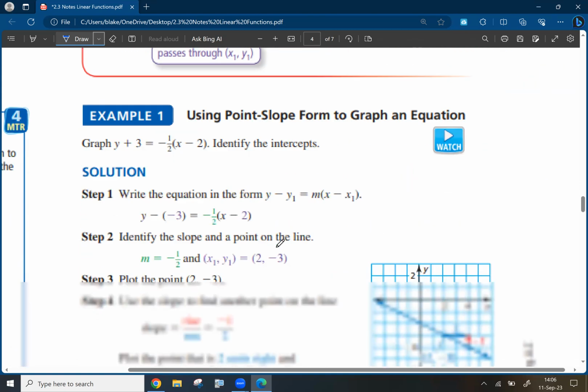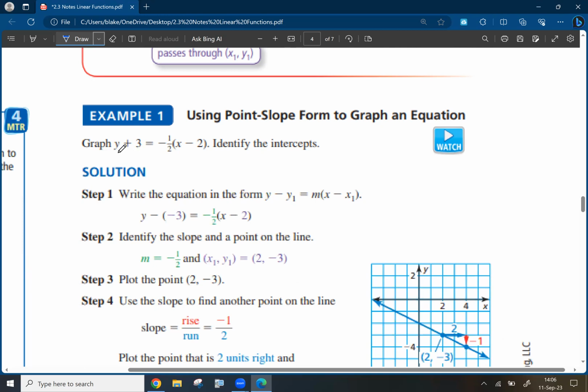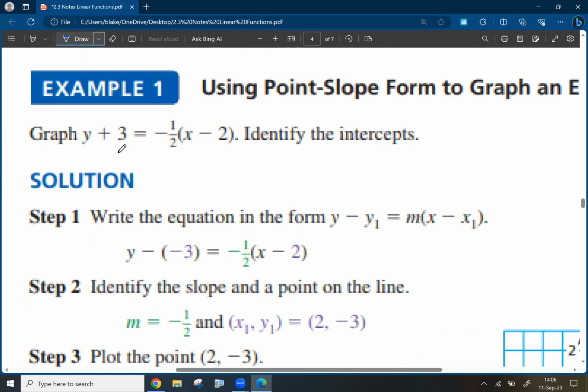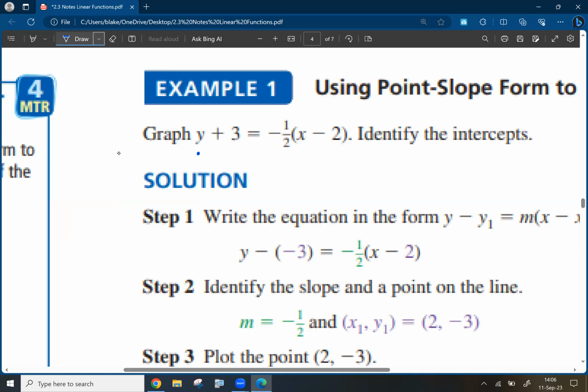So look at this example here. In this example, you can see that y plus 3, that 3 is your y1. I'll put the minus sign there because it's part of the equation. We'll talk about that. The m, and then x minus x1. So you can see this is the formula underlying the equation that they give us in example 1.